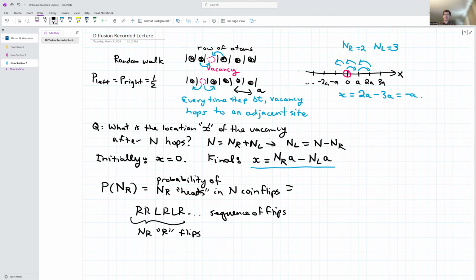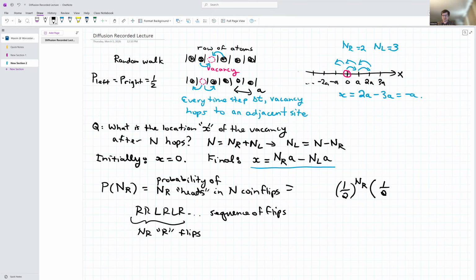So the probability of any given sequence is, of course, 1/2 to the power of n sub r for a sequence that has that many right flips. That's because, on each coin flip, you have a 50-50 chance of landing right or left. So the chance that you land right on any given flip is just 1/2. And so you multiply all those together.